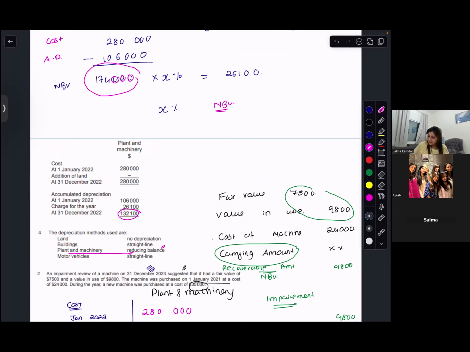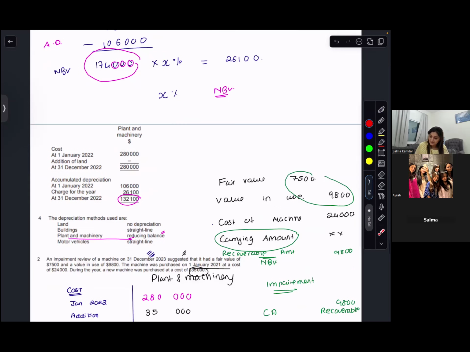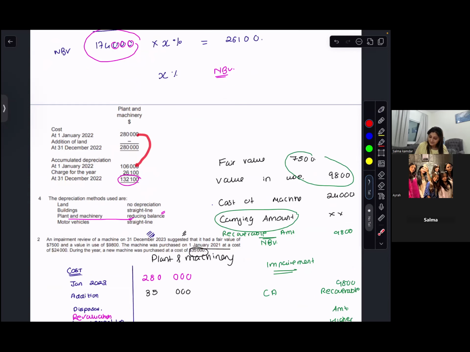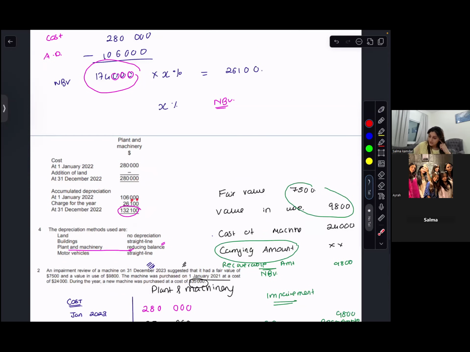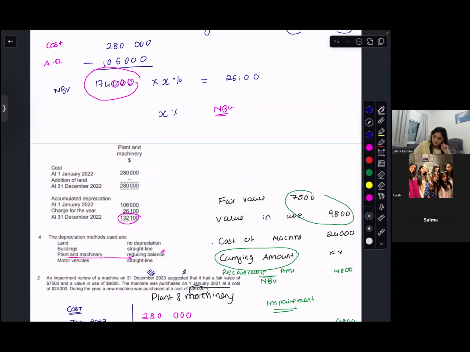Cost of the asset was 280,000. Accumulated depreciation was 106,000. There was no addition and deletion. So the net book value on 1st of January 2022 was 174,000.